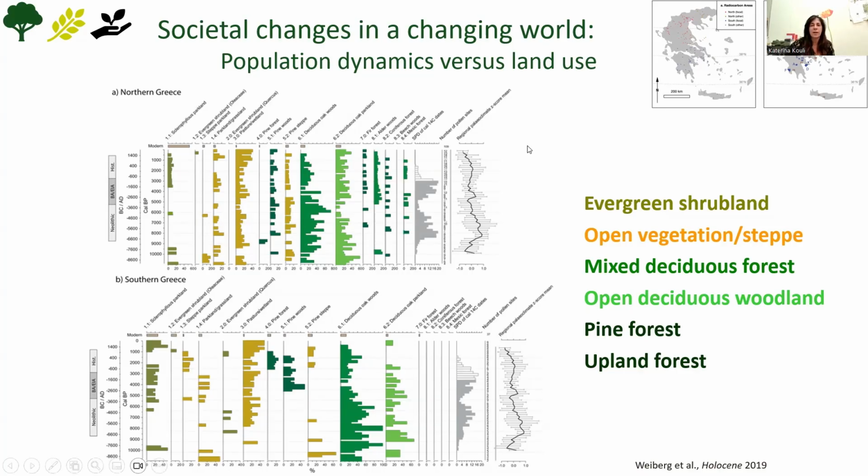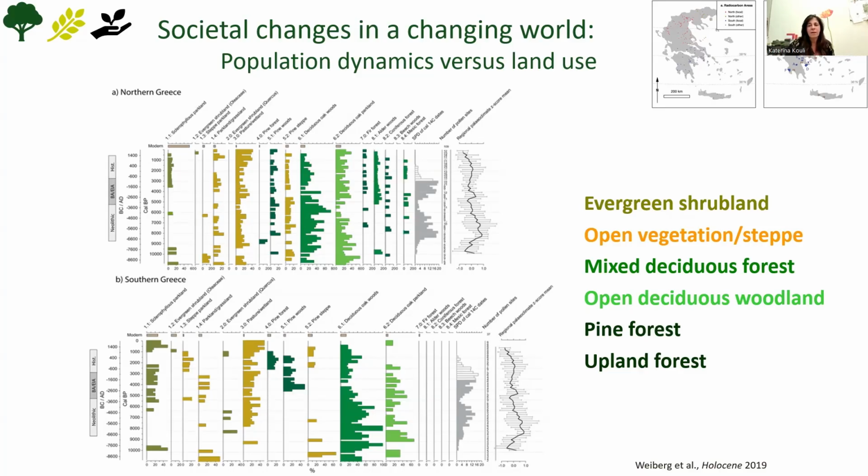And here you can see vegetation patterns during the last 10,000 years, during the Holocene, from northern Greece and from southern Greece, and the color scales show what kind of vegetation component participated in the landscape.